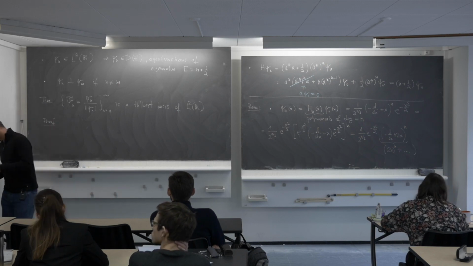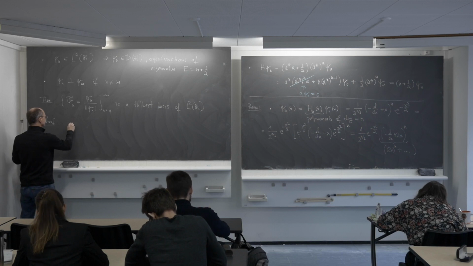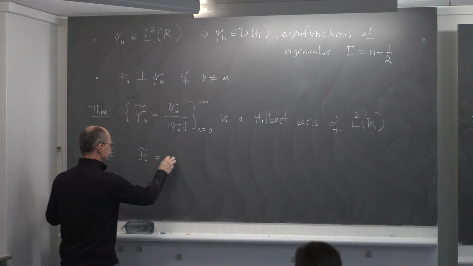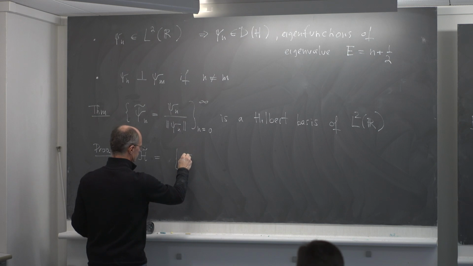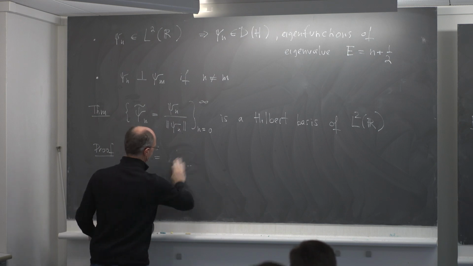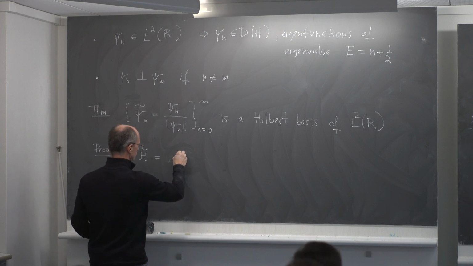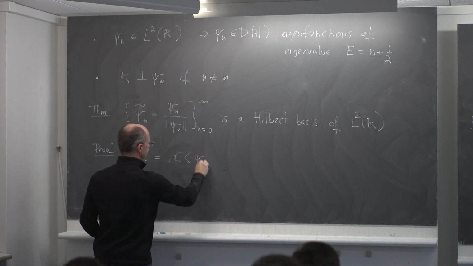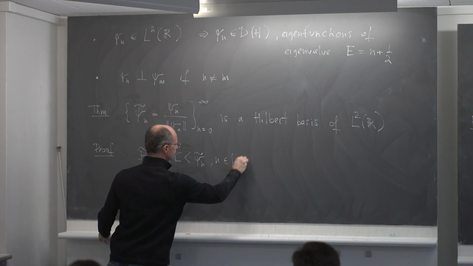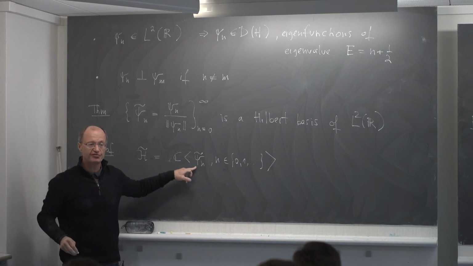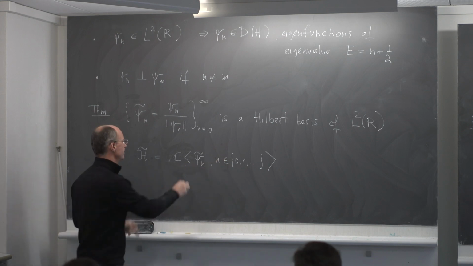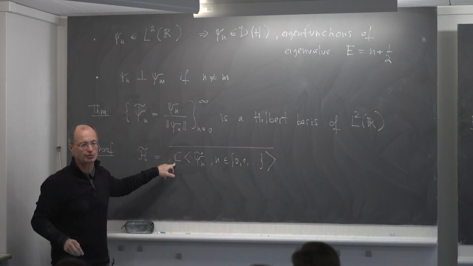Let me start the proof. Let me denote by H tilde, in a vague way and then a more precise way, the vector subspace of finite linear combinations of the normalized ψ_n's, and I take its closure in L2.